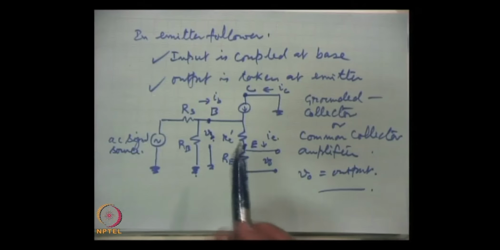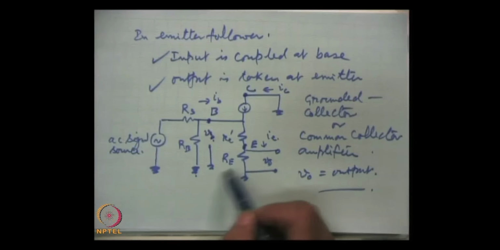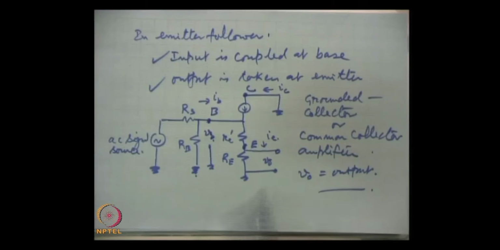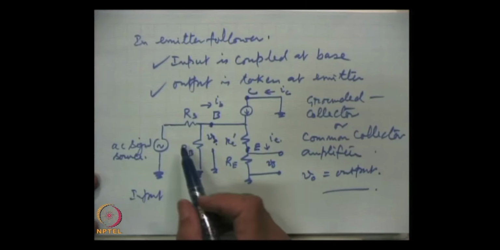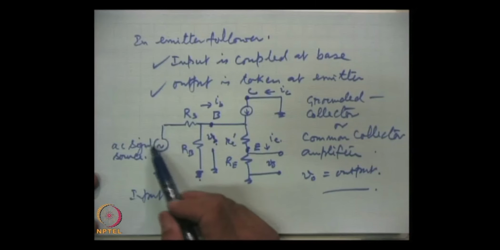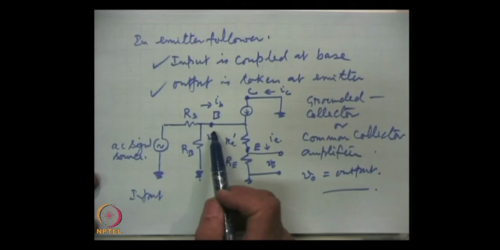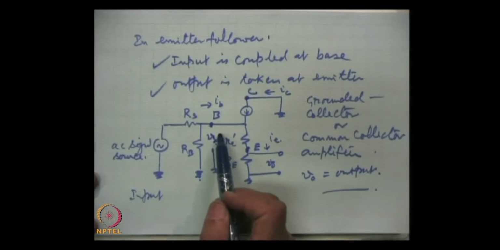Now, you will recall that this input circuit is same for CC as used in the common emitter case. Because in the common emitter circuit also we have connected the signal source to the base, here also we have connected to the base.